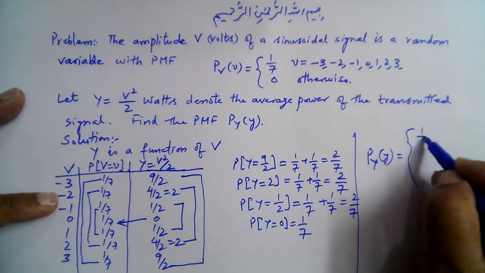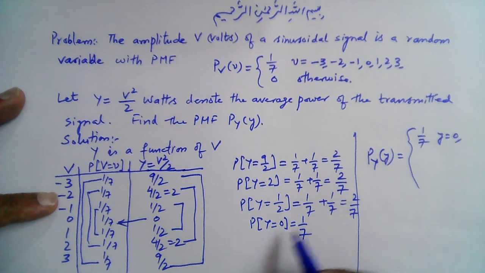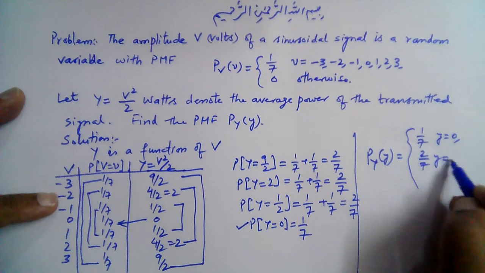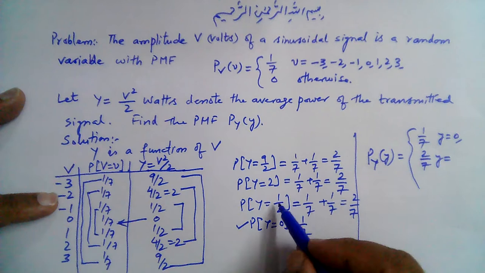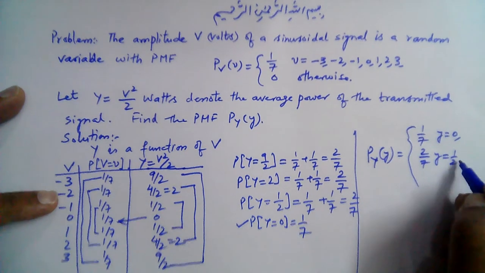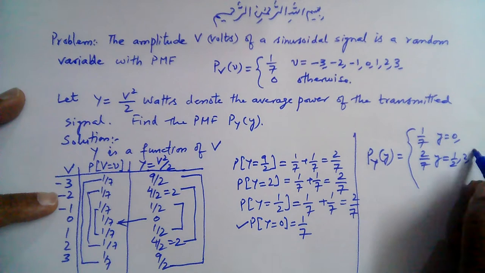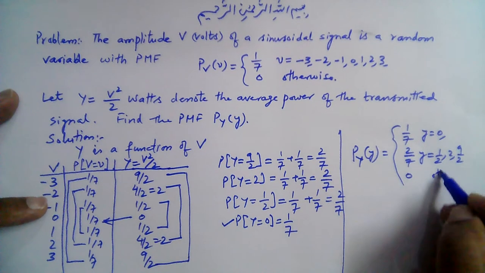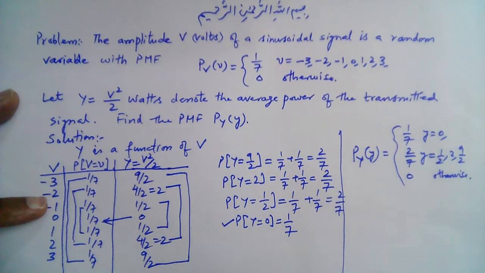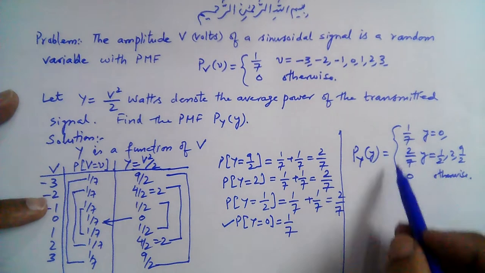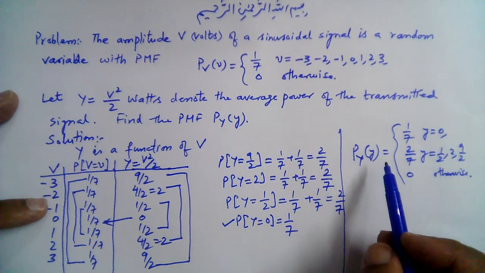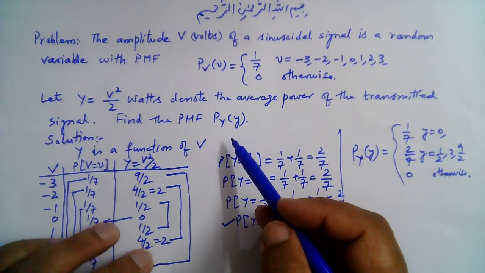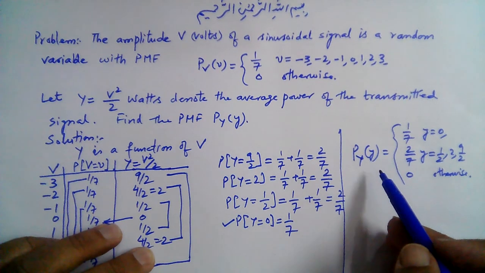It is 1 over 7 when Y is equal to 0, and it is 2 over 7 when Y is equal to either 1 over 2, 2 or 9 over 2, and this is 0 otherwise. So this gives us the probability mass function of this derived random variable, which is a function of another discrete random variable. So this is the PMF of the function of the random variable.